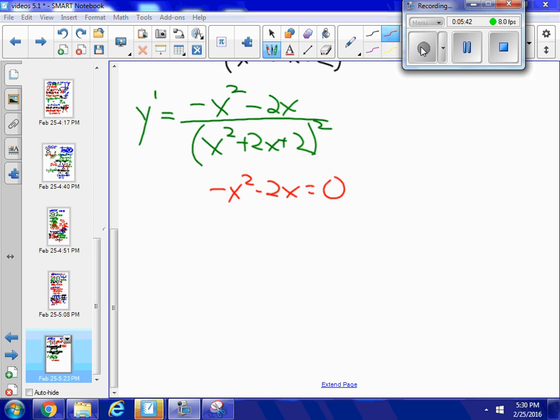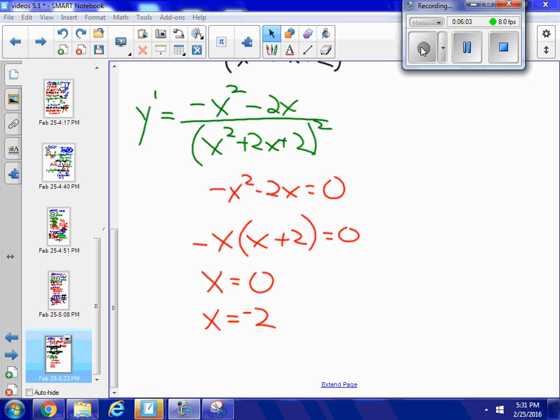So I think I'll factor out a negative x. So I get negative x times x plus 2 equals 0. And I find out that I have a critical and stationary point at x equals 0 and at x equals negative 2.